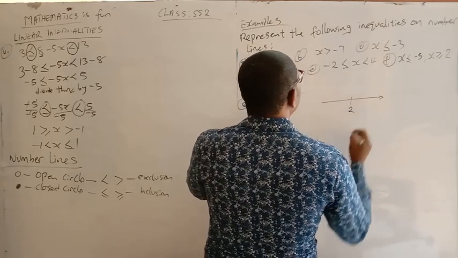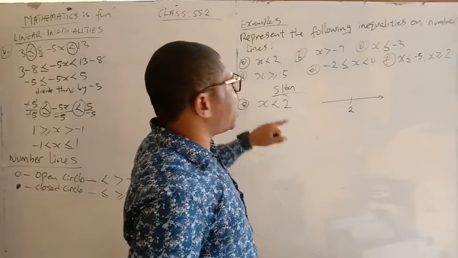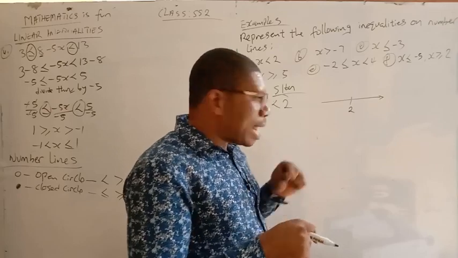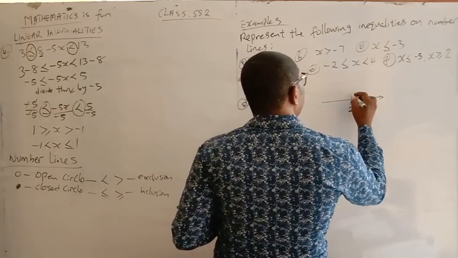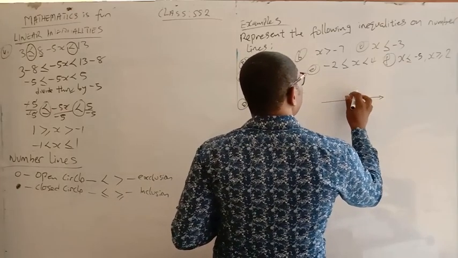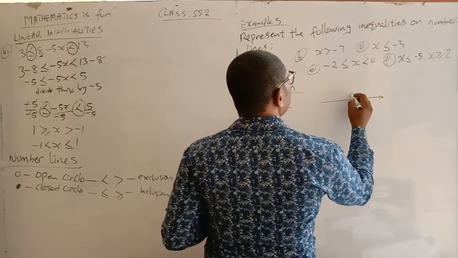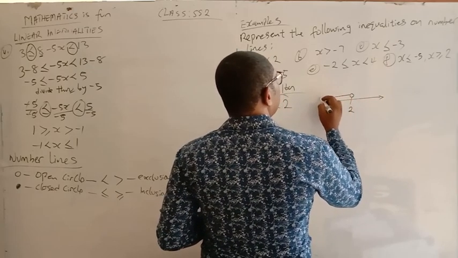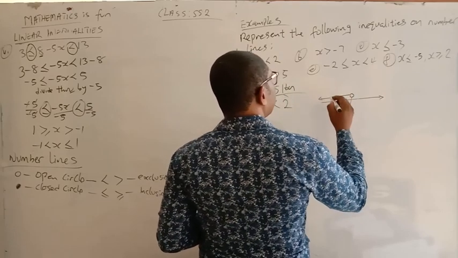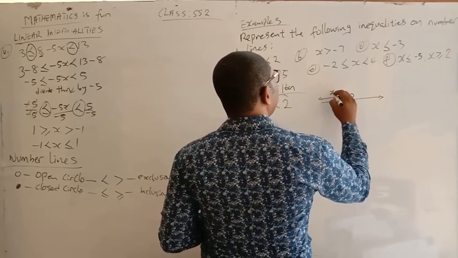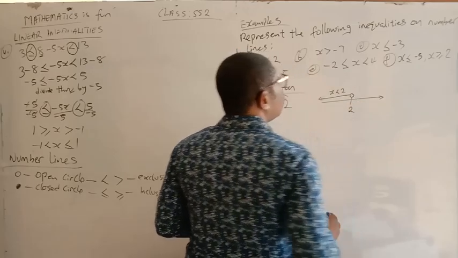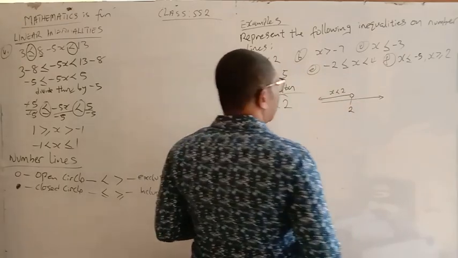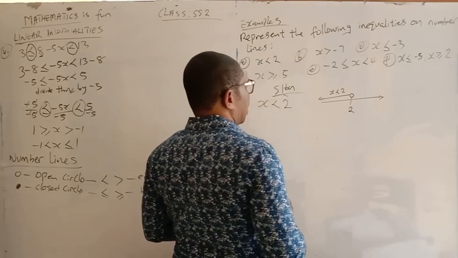This is my 2, but because the statement is saying less than, that is excluding 2, you need to put an open circle here, and less than is going to the left-hand side. So you have x less than 2. This is how we represent this on the number line.